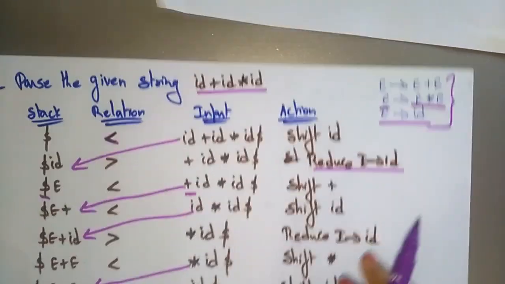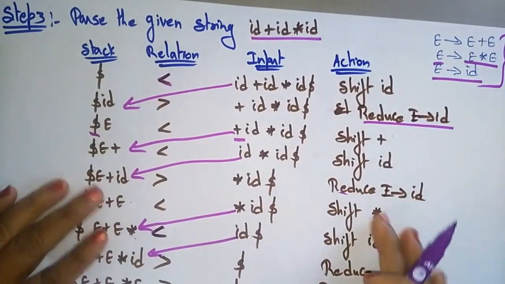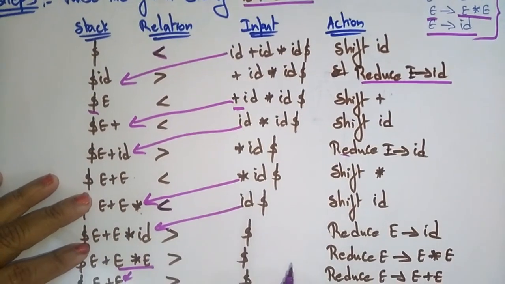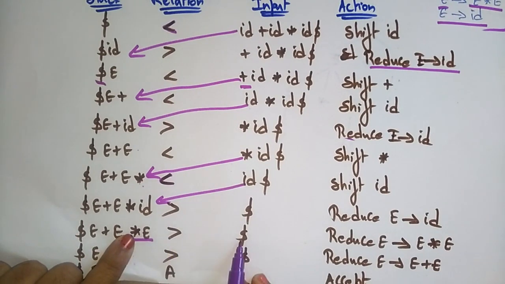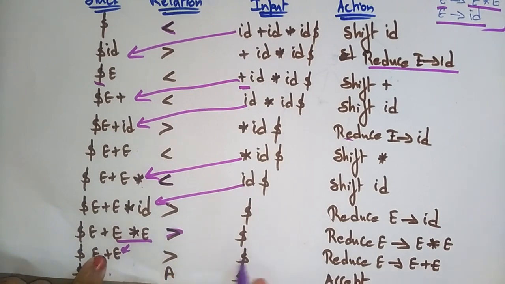So again E plus E tends to E. So replace E plus E as E. So here I check the relation between star and dollar. The star is greater than the dollar. So greater than symbol. And here you are not checking with the non-terminals, only with the terminals. So plus and dollar.